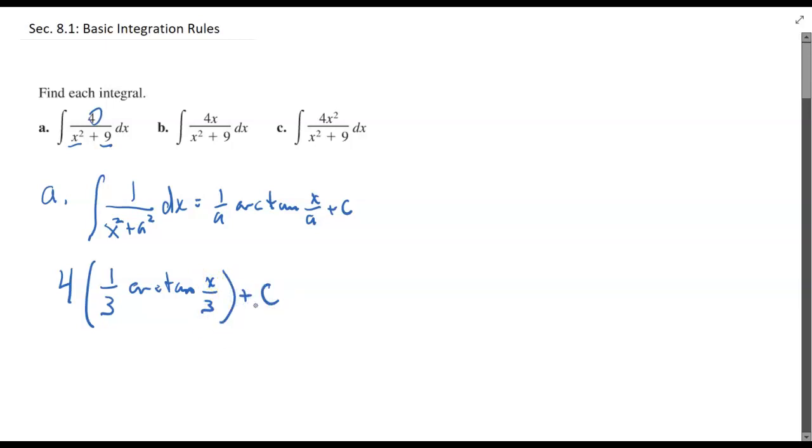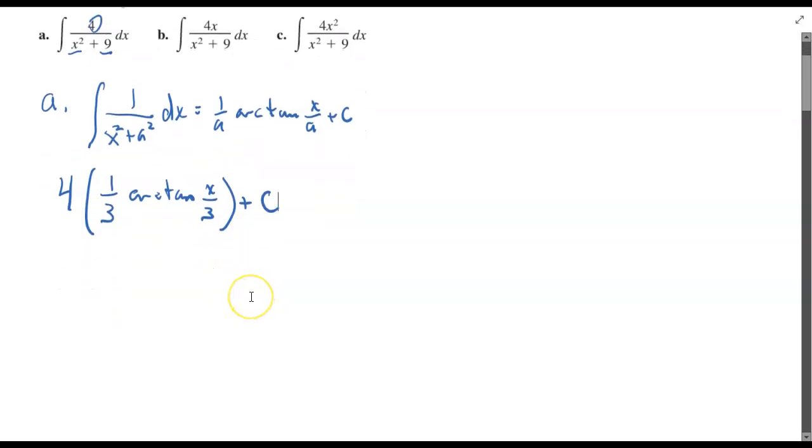Okay, let's look at B. B is 4x over x squared plus 9. Since I have this x in the numerator, I can do a u du substitution. I'm going to let u equal the denominator, which means du is 2x dx.